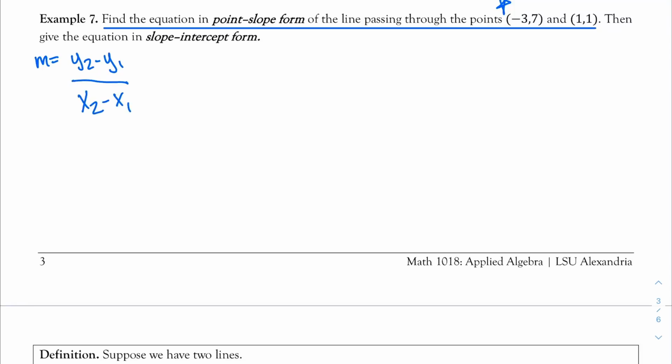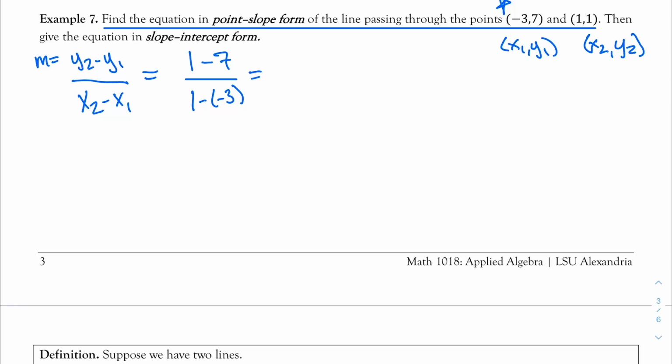In this case, I can treat negative 3, 7 as x1, y1, and 1, 1 as x2, y2, for example. Well, if I use these as x1, y1, x2, y2, then I just fill in the blanks. I've got 1 minus 7 all over 1 minus negative 3.